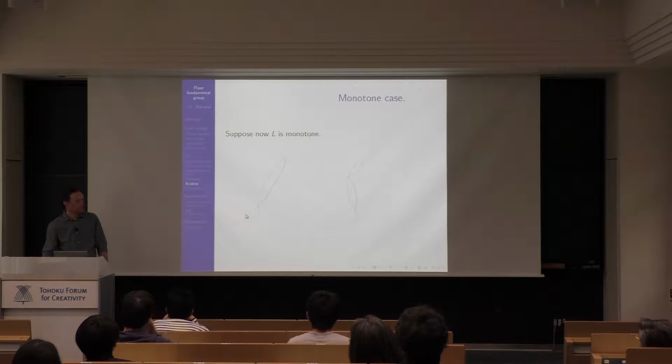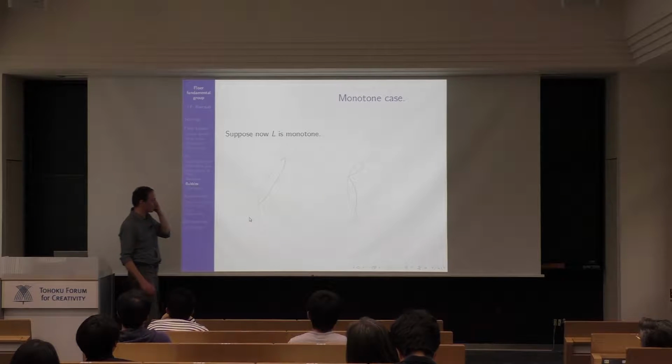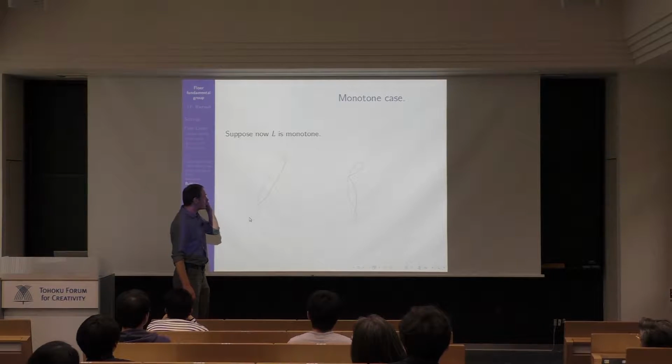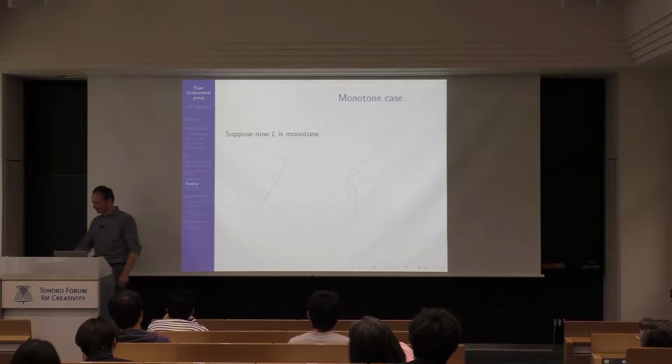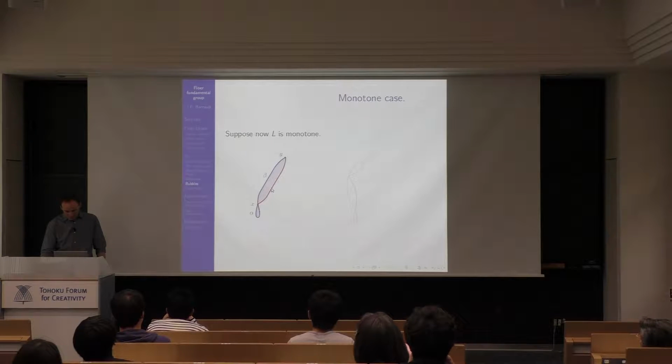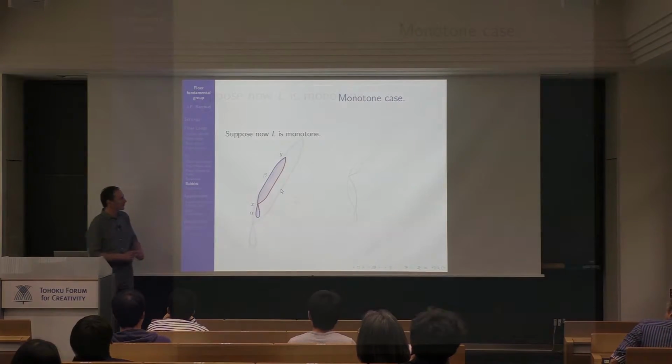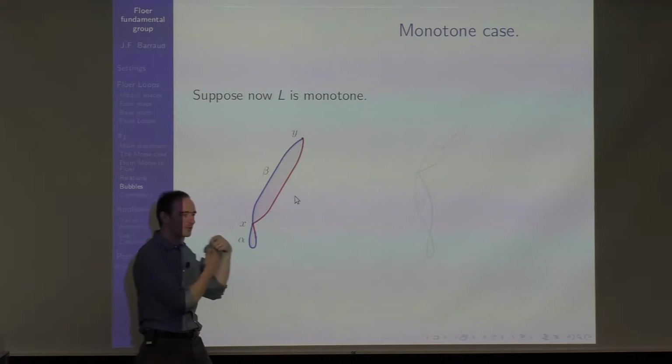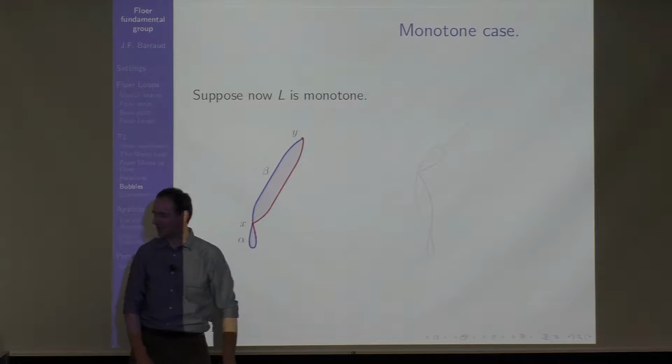Now, what about bubbles? So let's try to say one word about the monotone case. And the first thing I want to do about bubbles is, again, to forbid them. So what can happen if you have bubbles? You want to do the same thing. You start with a broken configuration, use a one-parameter moduli space, and see what happens on the other side.